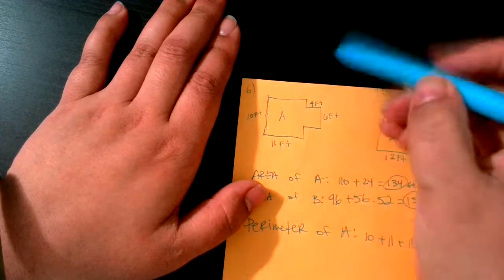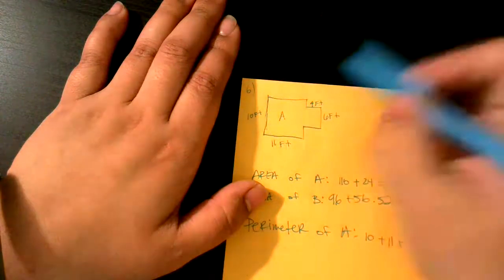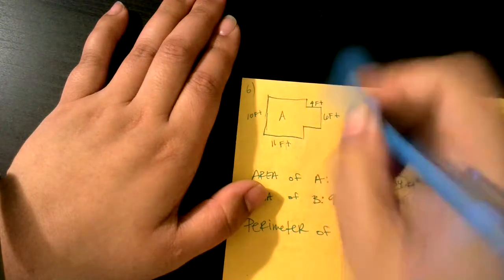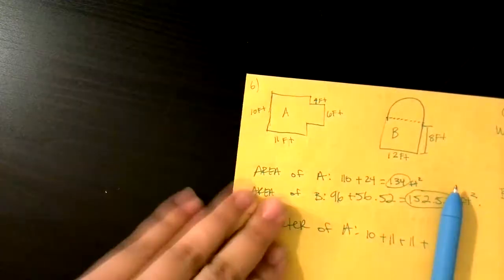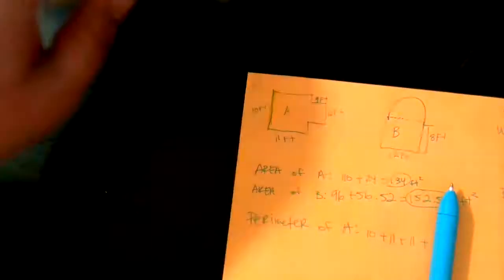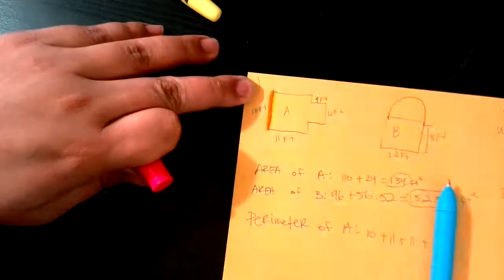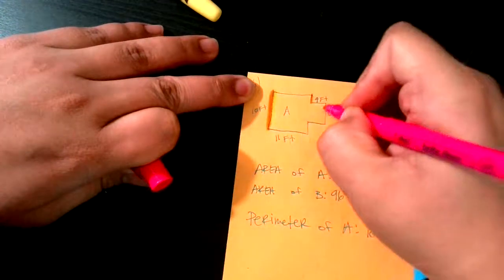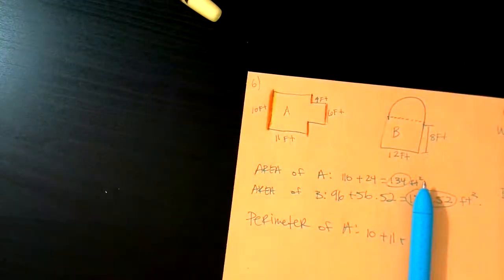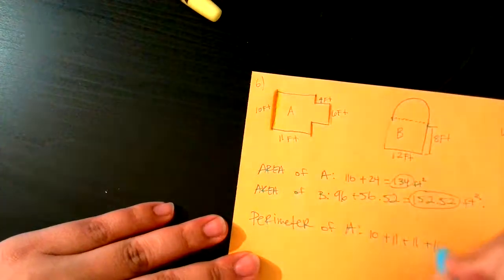But if you think about it, if this whole side is 10, that means that this part and this part and this part are all 10, right? Let me highlight that to see if that helps simplify it. So if this part is 10, then this part and this part and this part together all equal 10. So instead of doing this 6 plus whatever, I can just say plus another 10.